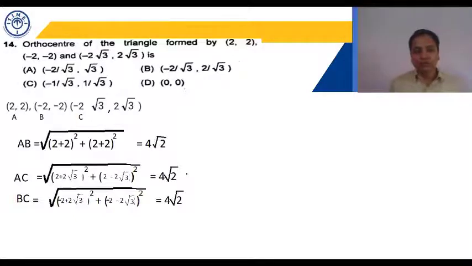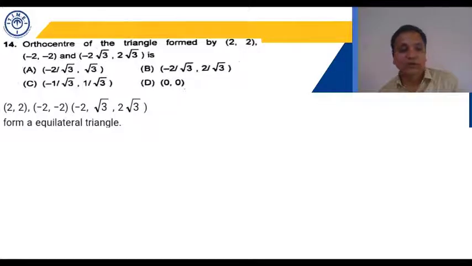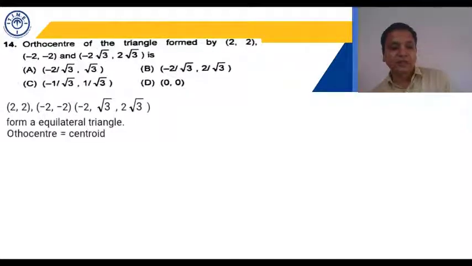We have used that formula many times. It's x1 plus x2 plus x3 by 3, y1 plus y2 plus y3 by 3. Please note, we have this liberty only in case of an equilateral triangle, not in other forms of triangle. In an equilateral triangle, all the centers are the same. So when we move further, this forms an equilateral triangle since all the three sides are equal. So orthocenter is equal to centroid.